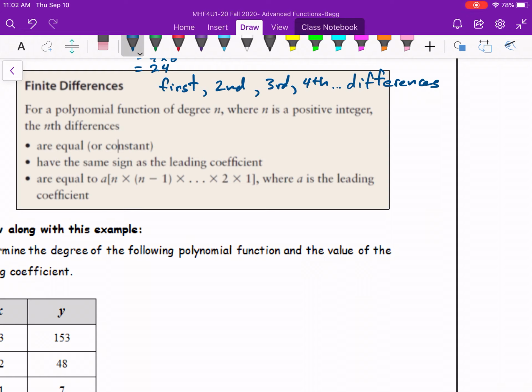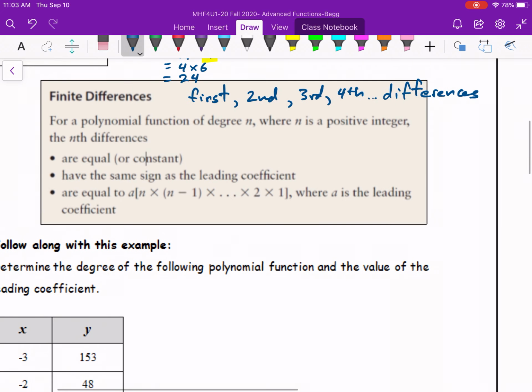And you should remember that if the second difference is positive, your parabola is going to open upwards, and if it's negative, your parabola is going to open down. You may also remember that the second difference gives you the stretch factor for your parabola. Like I said, we can have third differences or fourth differences and so on.